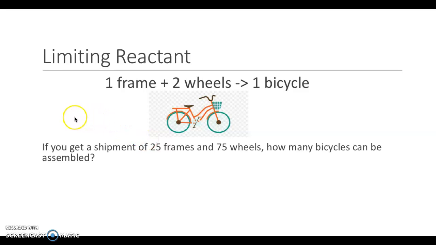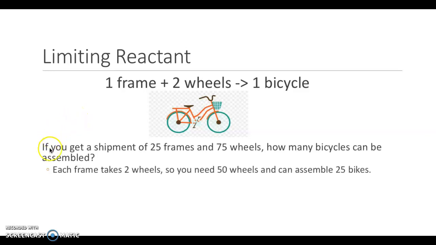Let's start with the number of frames. Each frame takes 2 wheels. That's what it says in our balanced equation. So if we get 25 frames, we need 50 wheels.